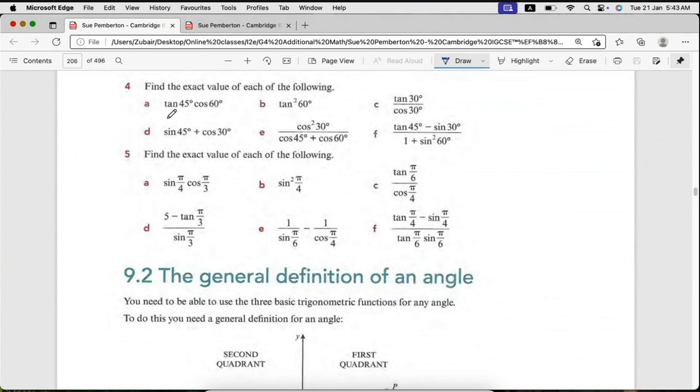No, it's okay. I know the triangles. It's 1, 1, and then square root 2, with 45 degrees. Correct. And the second one is square root 3, 1, 2, with 60 degrees and 30 degrees. That's right.